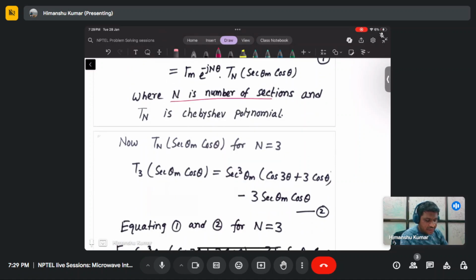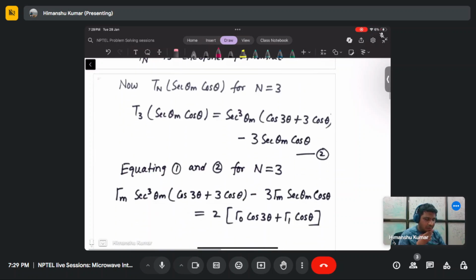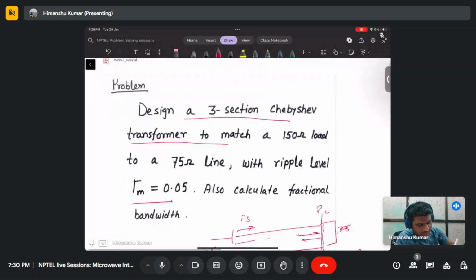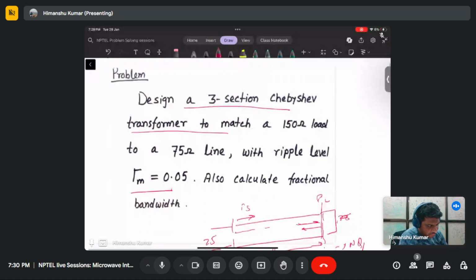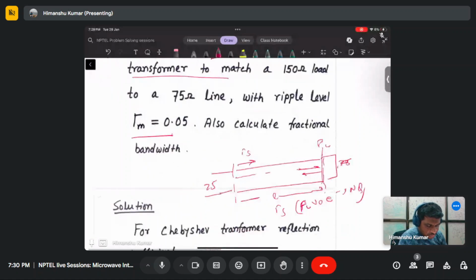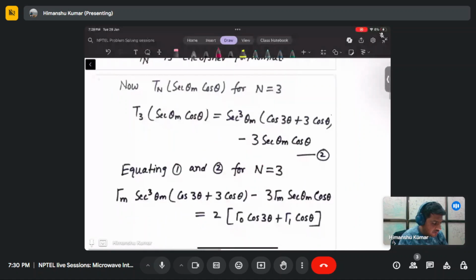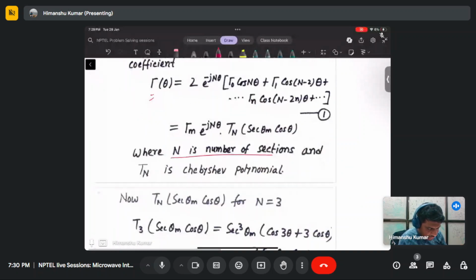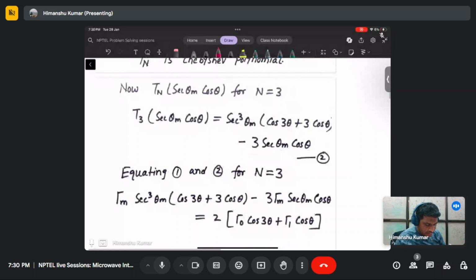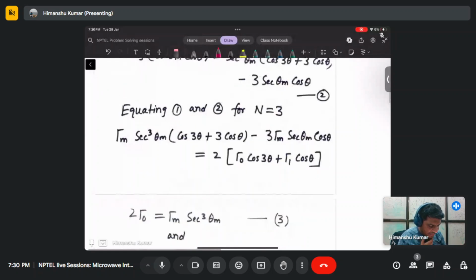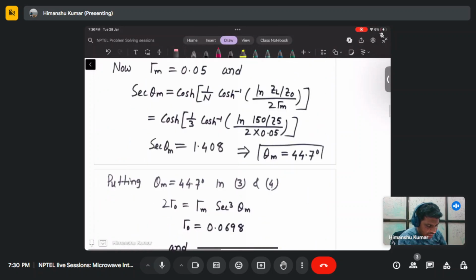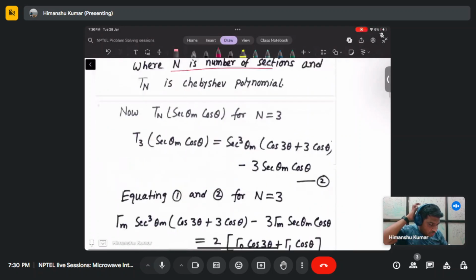If you use n number of sections, you can transform this into the Chebyshev polynomial. Here, for three sections, the problem is given with a three-section line. So we can put the corresponding n values and calculate all the coefficients. By matching at the left end, we can calculate the angle for this.